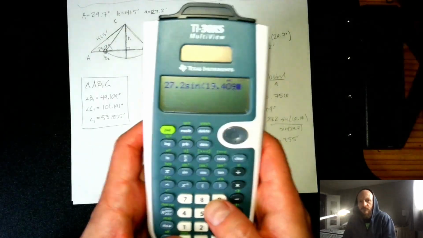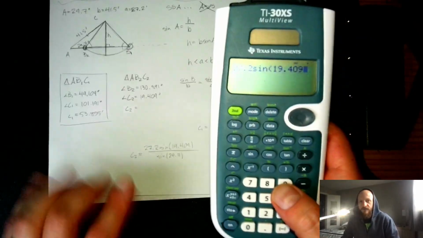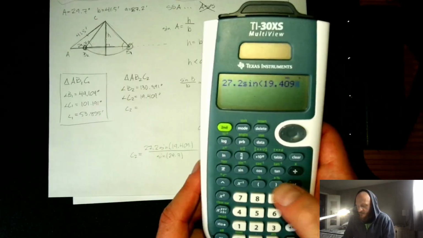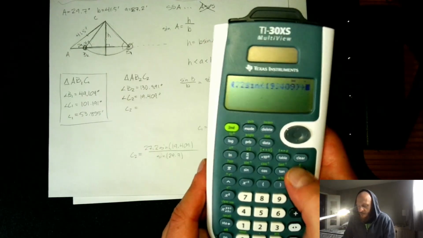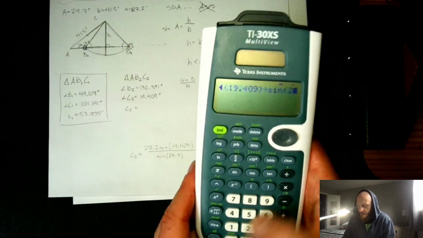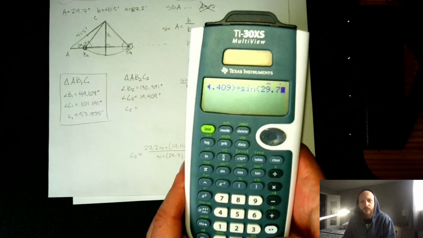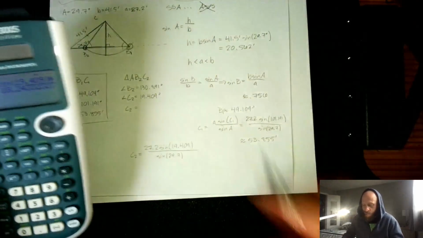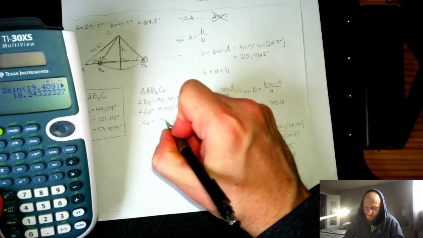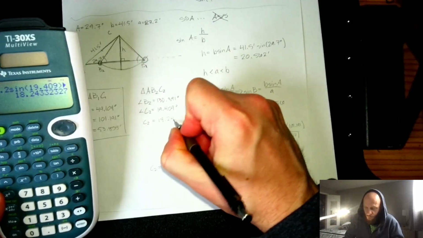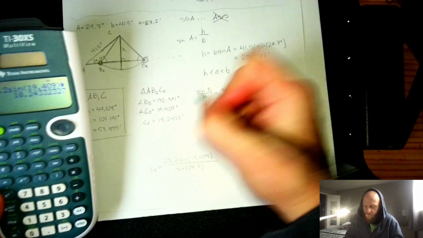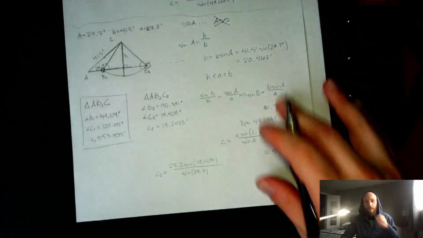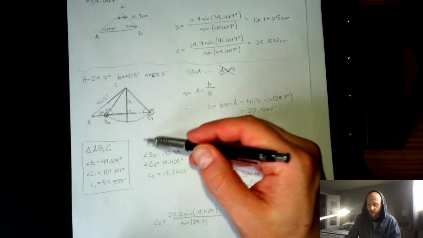Here, I'll show it to you so you can see what I'm doing. You can see all the mistakes that I'm making. Just having one of those days. Divided by the sine of 29.7. What's it come out to? 18.2433 feet. Those should be the two possible triangles.